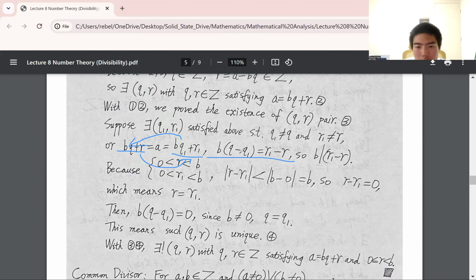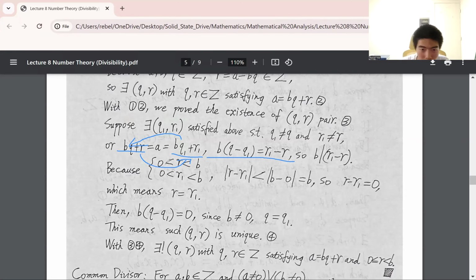In this case, because Q minus Q1, both of them are integers, so this is an integer. So B can divide R1 minus R. And just remember here, 0 is smaller than R, smaller than B, and 0 is smaller than R1, smaller than B, right?